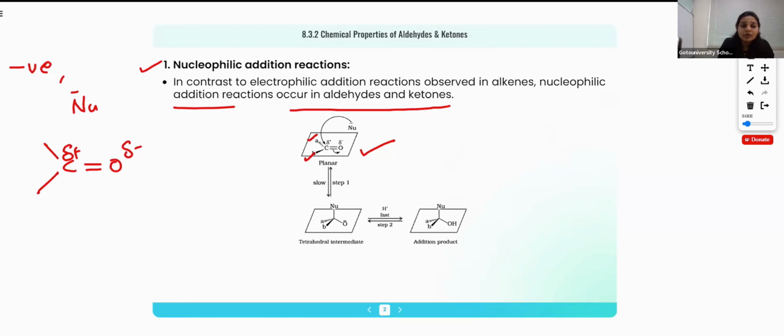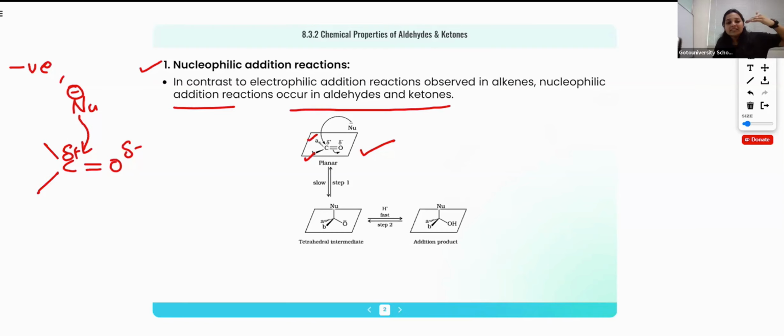I told you a nucleophile has a negative charge or a lone pair of electrons. So normally it will go to carbon, not to oxygen. Why? They are nucleophiles. They like nucleus, they like positive charge. So the nucleophile moves to carbon, not to oxygen. Understood?